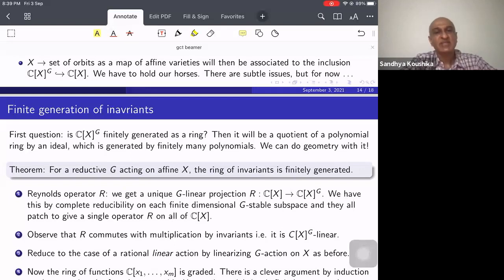And what I have to show is that the ring of invariants over here is finitely generated. Okay, but now I have an extra ingredient here which I did not have earlier. I can regard x1 up to xm as symbols and I can track their degree. So every polynomial will have a degree and I can break it up into its homogeneous components. So I can do some nice symbolic work, and it opens up the possibility of induction by degree.